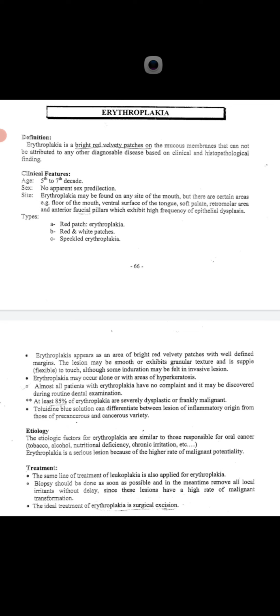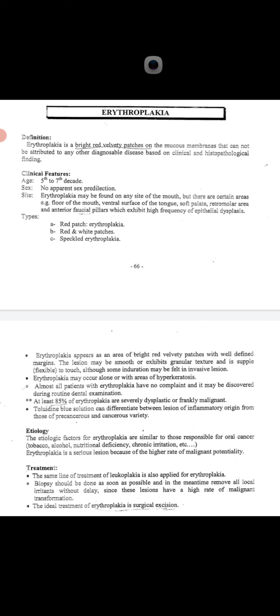Erythroplakia may be found on any site of the mouth, but certain areas, for example the floor of the mouth, ventral surface of the tongue, soft palate, retromolar area, and anterior facial pillars, exhibit a high frequency of epithelial dysplasia. These are the common sites.